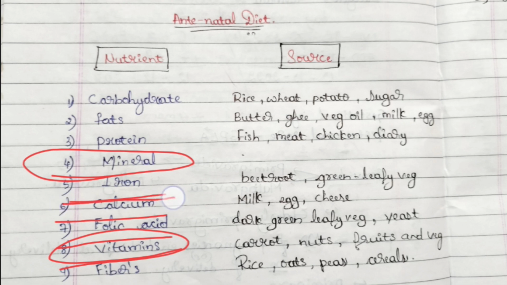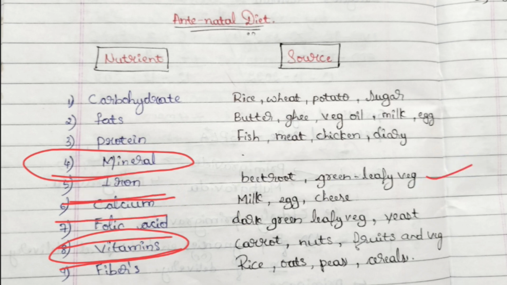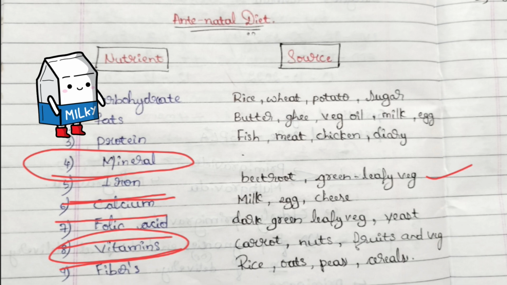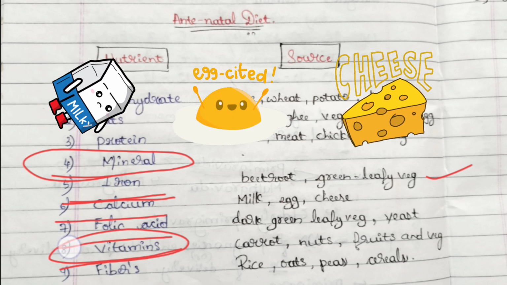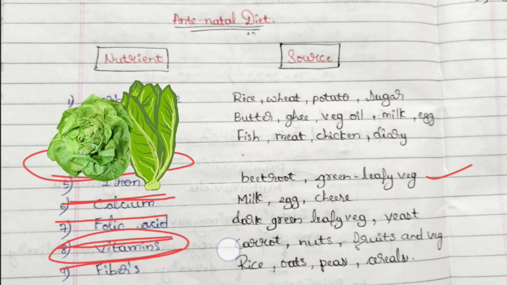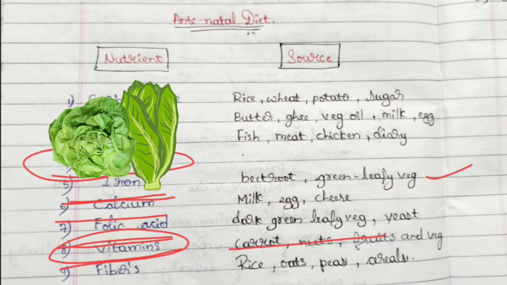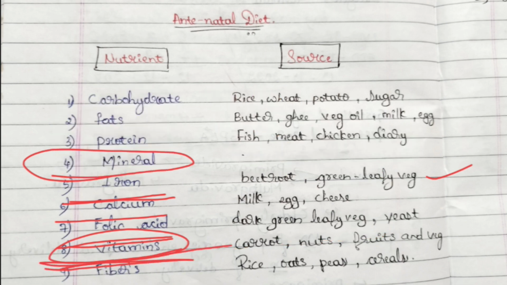Now iron is present in beetroot, green leaves and all, and calcium is present in milk products generally, like milk, egg, cheese, curd. Next, folic acid is generally present in green things like dark green leaves and beans, yeast. Next, vitamins. If the woman is lacking vitamin A, then she is advised to consume carrot.